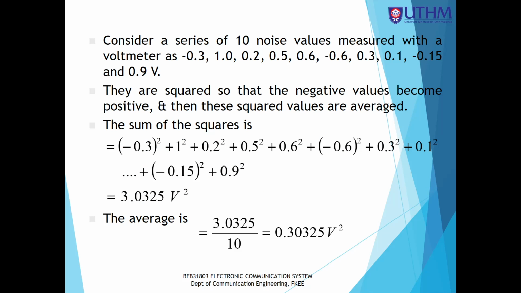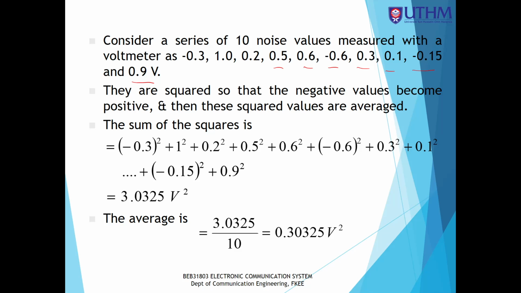Okay. So consider a series of 10 noise values measured with a voltmeter: 0.3, 1.0, 0.2, 0.5, 0.6, minus 0.6, 0.3, 0.1, negative 0.15 and 0.9 volt. Ini apa ni?